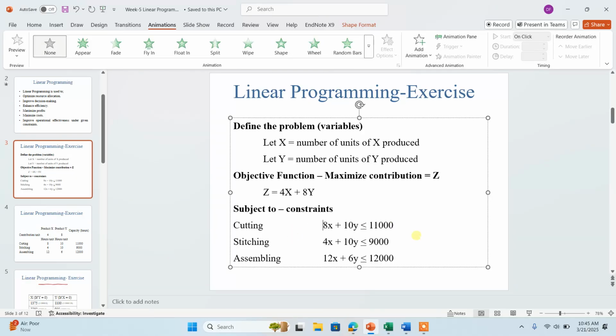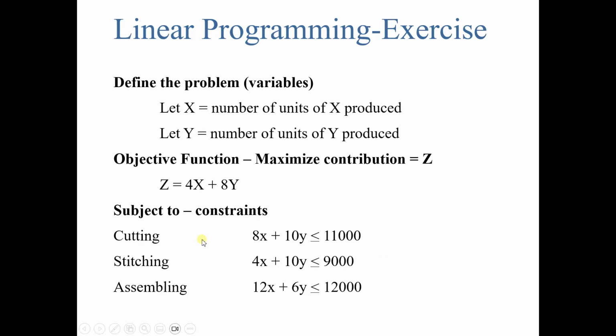Now my dear, we have three different departments: cutting department, stitching department, and assembling department. Let's assume that to produce 1 unit of X, the cutting department requires 8 hours, and to produce Y, the cutting department requires 10 hours.